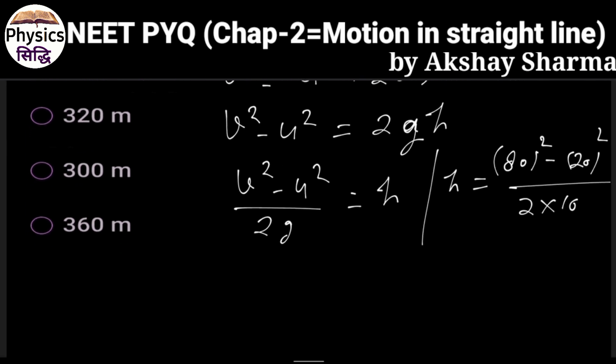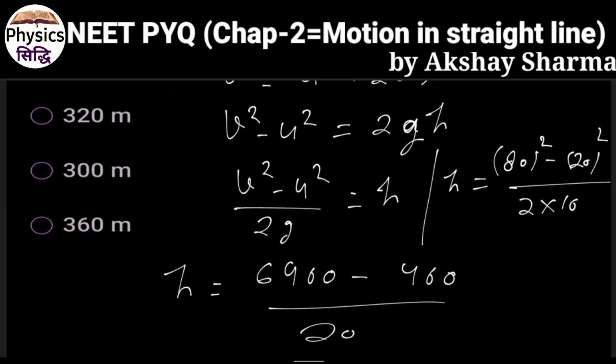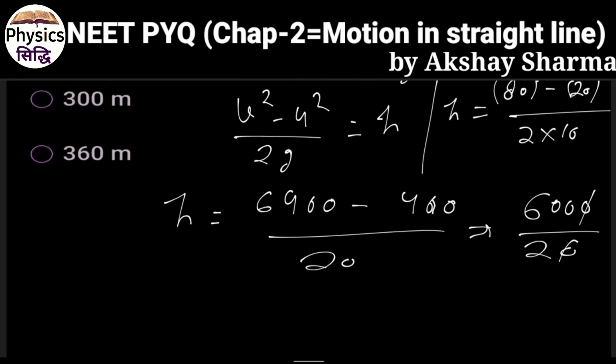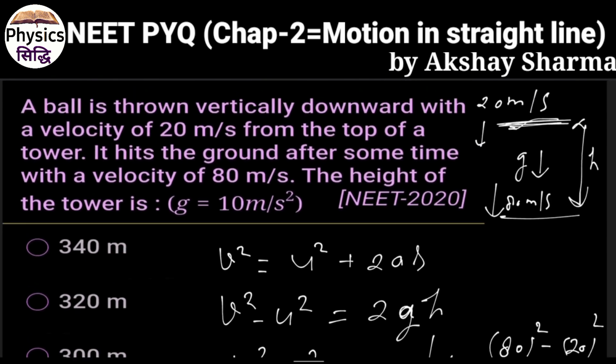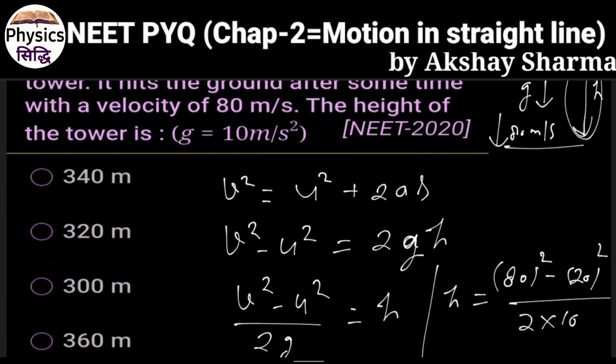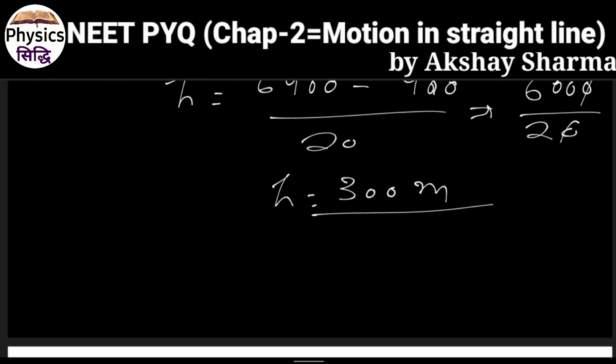So h becomes 6400 minus 400 upon 20, and it becomes 6000 upon 20. Cancel out 10 to 10, h becomes 300 meter. So the height of the tower is 300 meter, this height. Okay, now move to the next question.